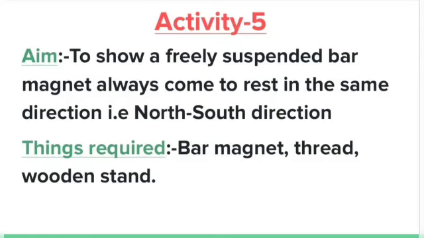A bar magnet means a rectangular magnet, and it is an artificial magnet. It means we will show that a freely suspended bar magnet will always come to rest in the north-south direction. For this activity, the things required are a bar magnet, thread and a wooden stand.